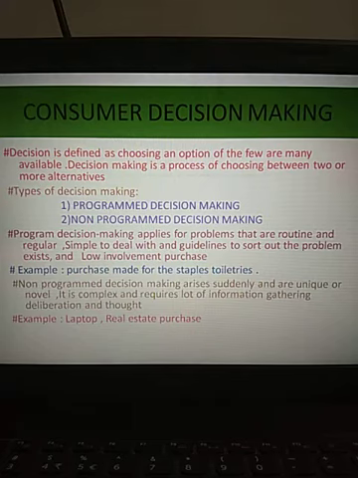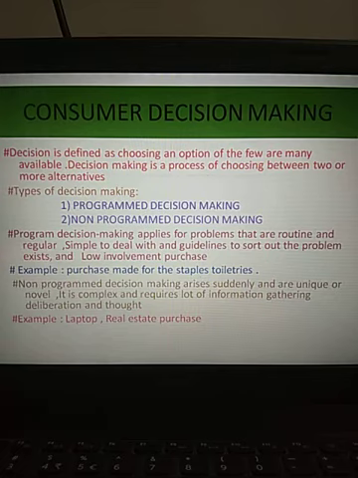For these things, you need not prepare for weeks, days or months, because all these are routine activities. Without much effort, you can select these kinds of products. So what do we mean by that? You need to show low involvement. Such a kind of decision making is called programmed decision making.